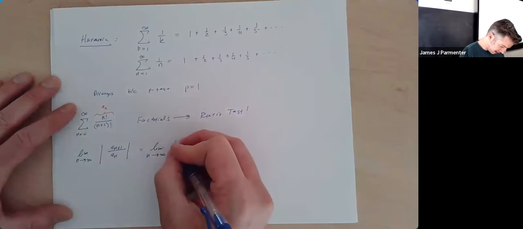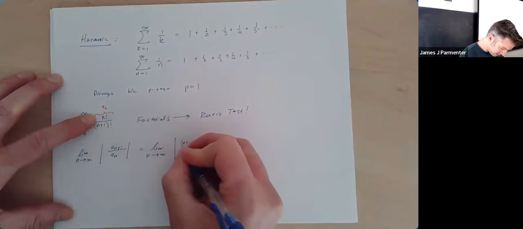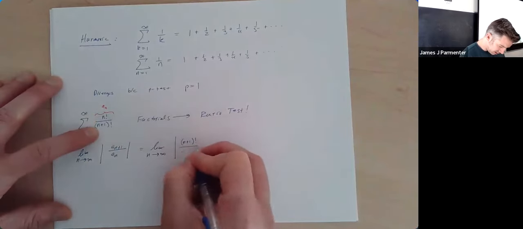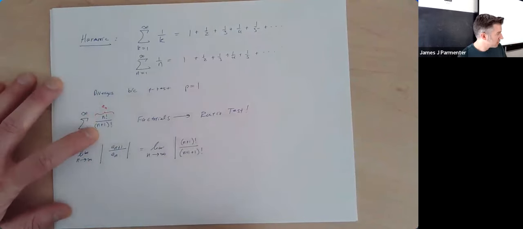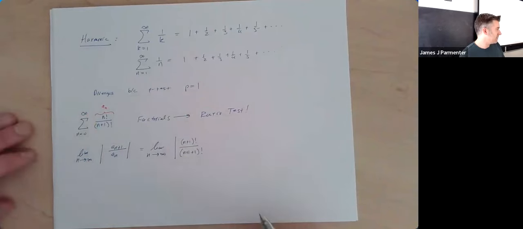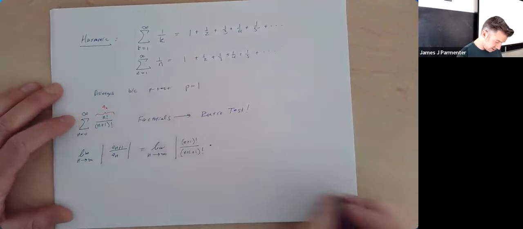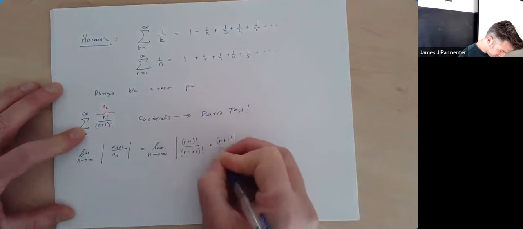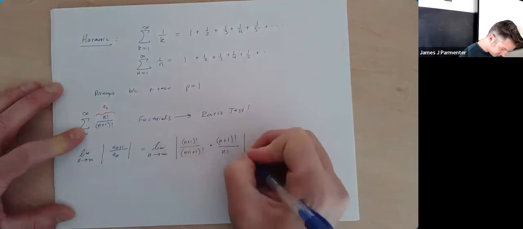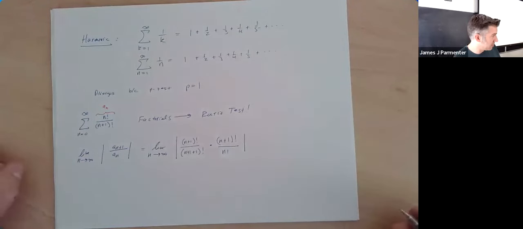So I'm going to write the absolute value of n plus 1 factorial over, instead of n plus 1, n plus 1 plus 1 factorial. And then I could divide by a sub n, but we usually skip that step and just multiply by the reciprocal of a sub n. So that's going to be n plus 1 factorial over n factorial. Okay, so let's see. I have a bad feeling about this.